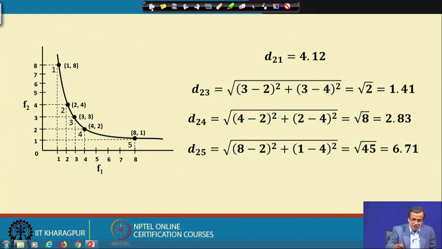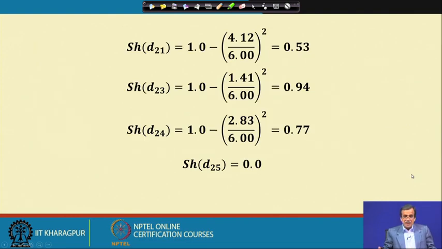So, its contribution towards the sharing function value will be equal to 0.0. Now, if I follow the same principle to calculate the sharing function value, the sharing between d 2 1 is nothing but 1.0 minus (4.12 divided by 6.00) square, that is 0.53. Next is the sharing d 2 3, which is nothing but 0.94.